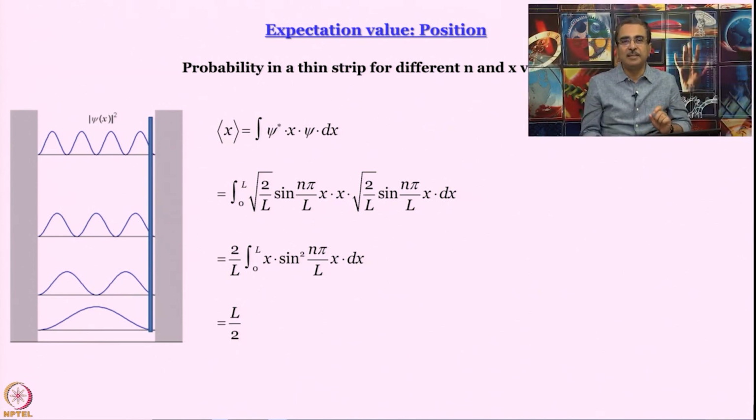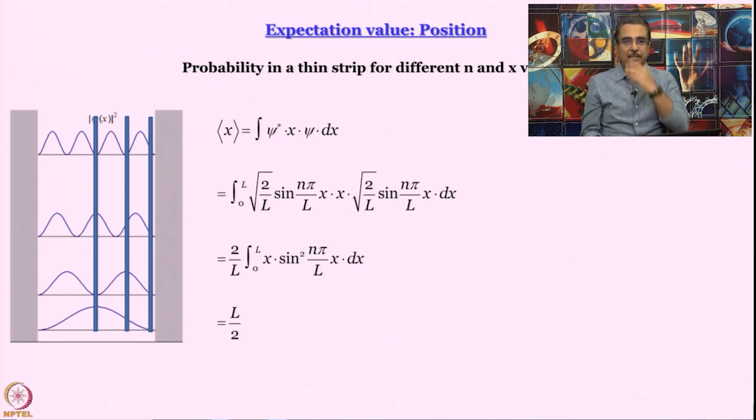Take the same thin strip, but place it at x equal to L, x equal to maybe L by 4, x equal to L by 2 and calculate what the probabilities are. You will get different values. Please do it and you will see what you get, but the average value is going to be L by 2. That means the expectation value of position for the particle is at the center of the box. I am skipping the mathematics here, please do it yourself.